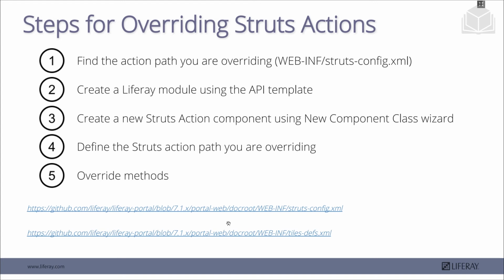We'll then create a new component, a new Struts action component. We'll then define the Struts action path that we're going to be overriding, and then override the method of this specific Struts action. Down here below are a couple of links that you can click on that will show you our struts-config and tiles-defs.xml for easy reference.